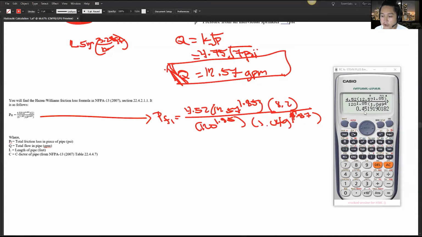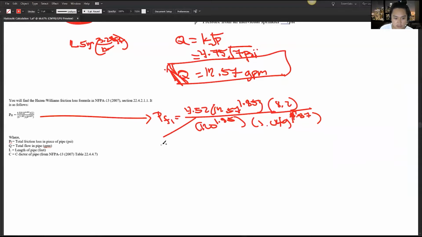Let's just make it at two decimal places. So that's 0.45.